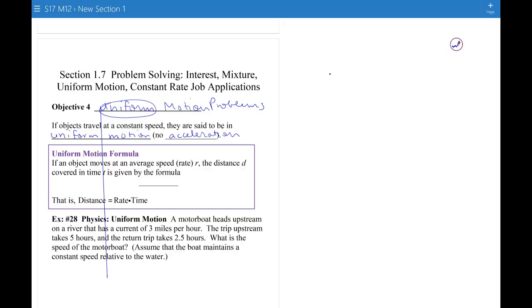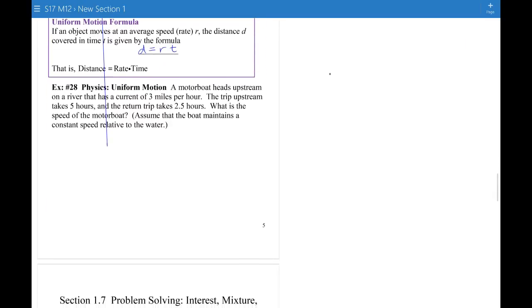So if an object moves at an average speed rate r, the distance d covered in that time is d equals rt. I remember this formula as distance is rate times time, or the DIRT formula. Okay, so then we're going to do number 28 together in class.